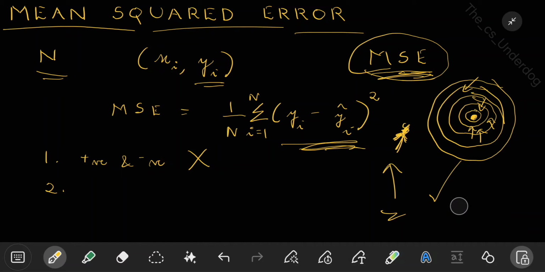So when your model's prediction yi cap is very far from yi, which is the actual true value, those far values should be penalized even higher.